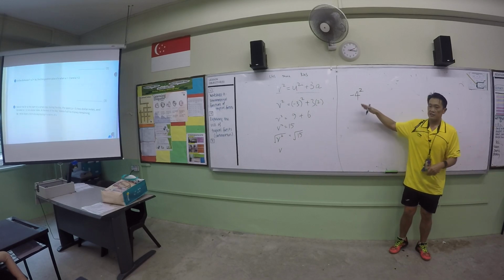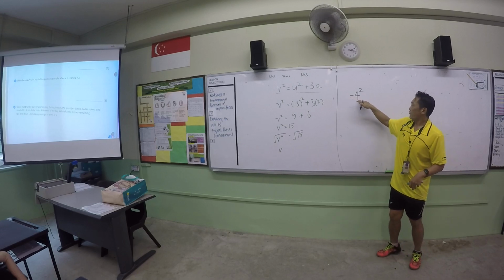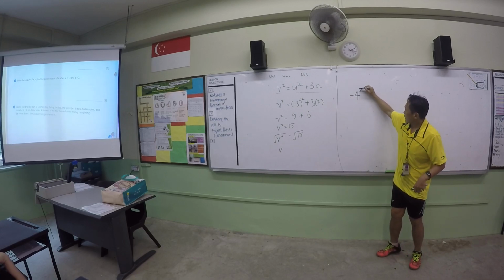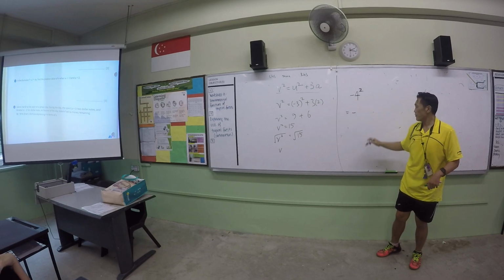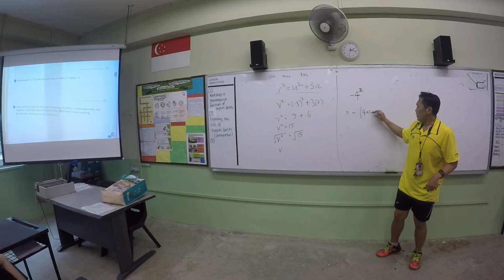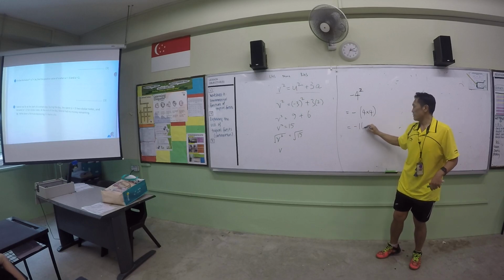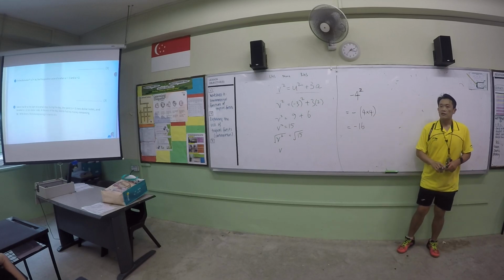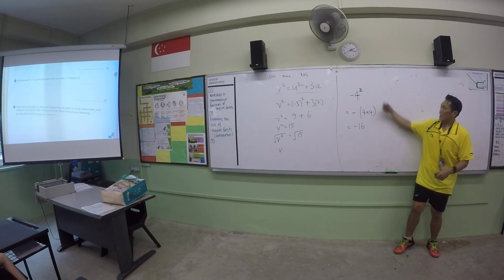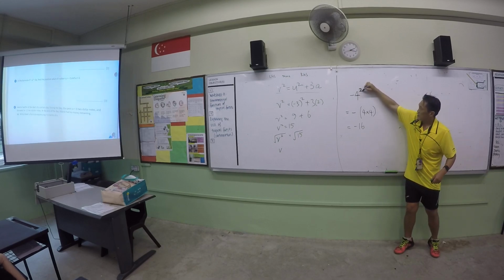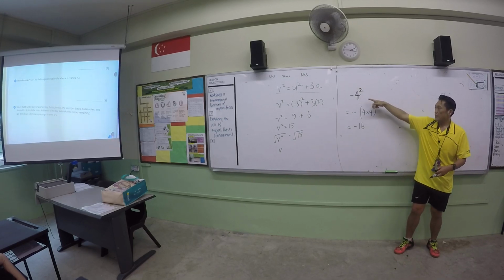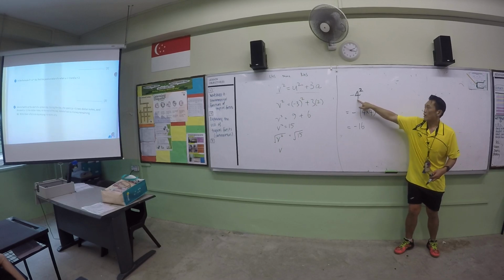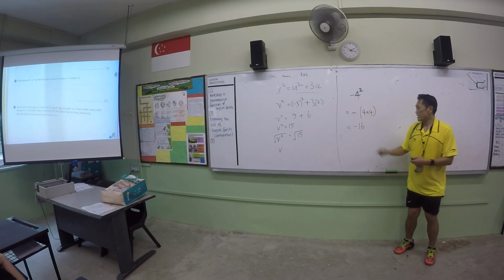They have set this as the meaning: negative 4 square means the square is only for the 4. Meaning, what this means is actually negative of 4 times 4 equals negative of 16. Okay, they set the standard. As long as you don't put a bracket, the square only belongs to the 4. So even if you key this into your calculator, it will tell you the answer is minus 16.